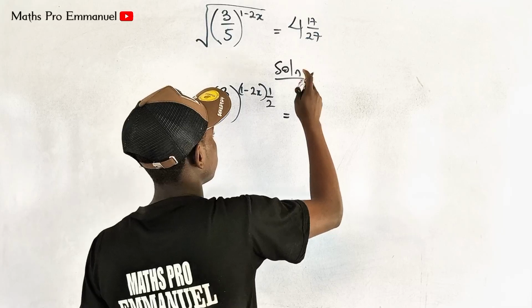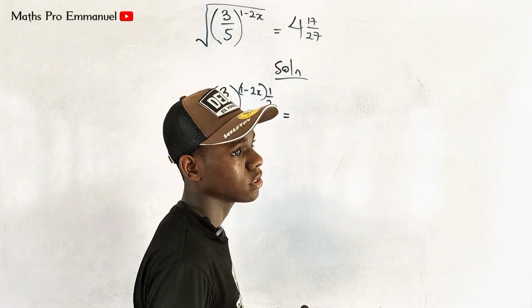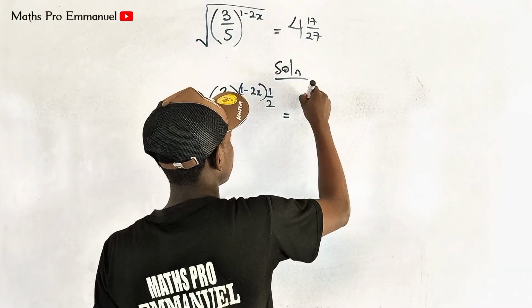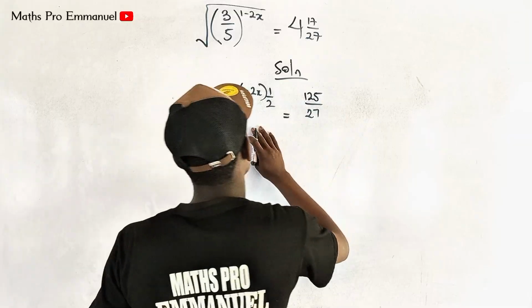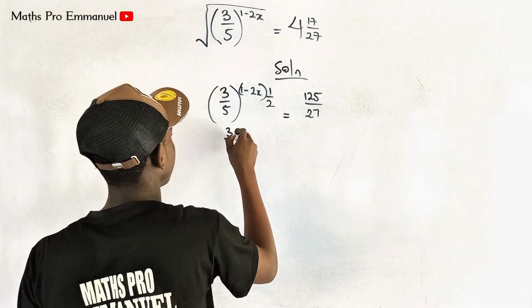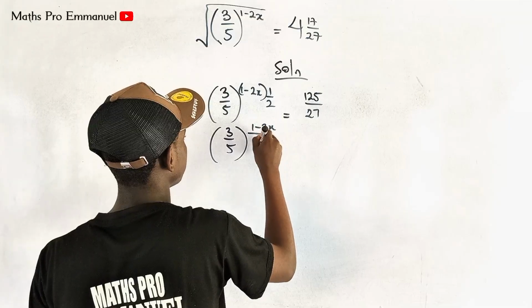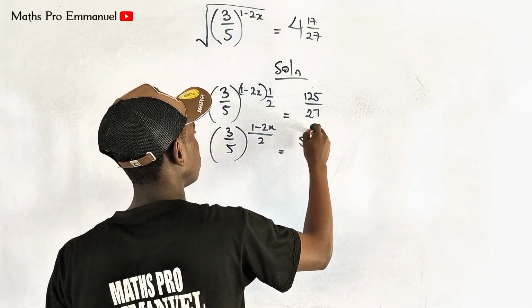Now this is equal to, if I convert this, 4 times 27 is 108. Then 108 plus 17 is 125 all over 27. So now I'll have 3 over 5 all raised to the power of 1 minus 2x all over 2 is equal to, and 125 is the same thing as 5 cubed.